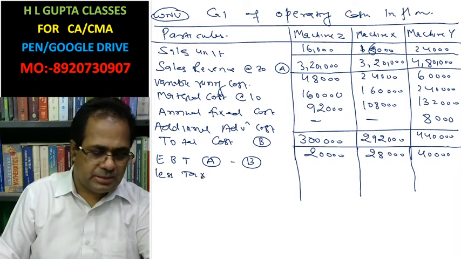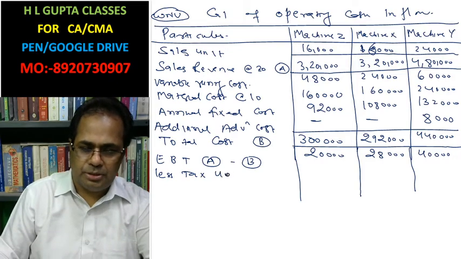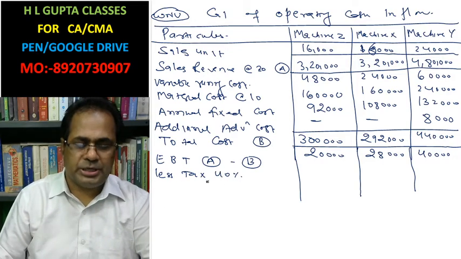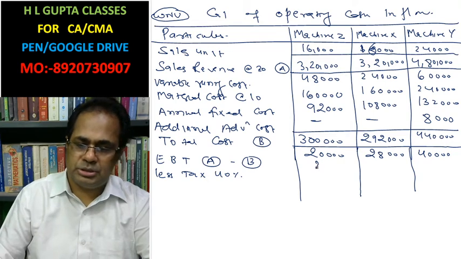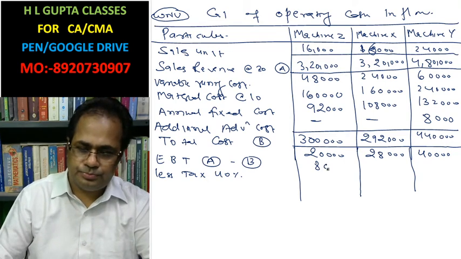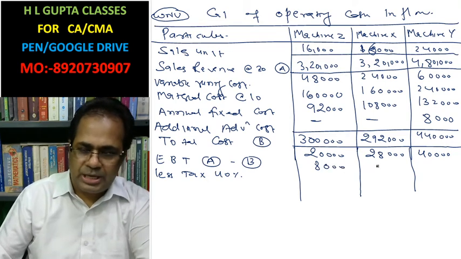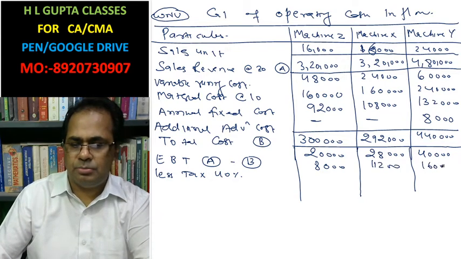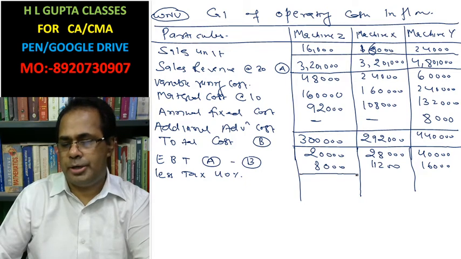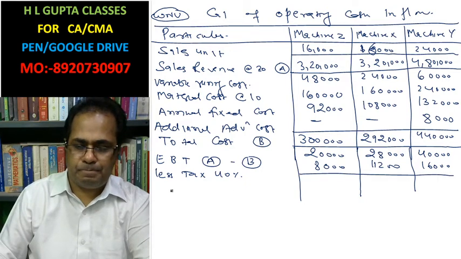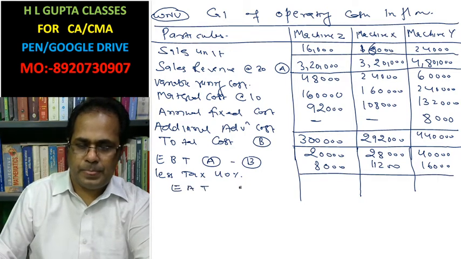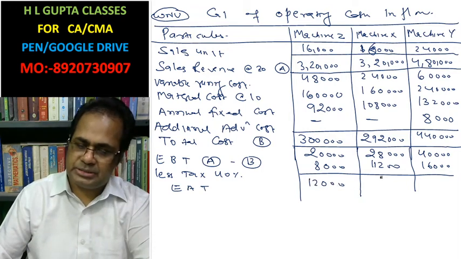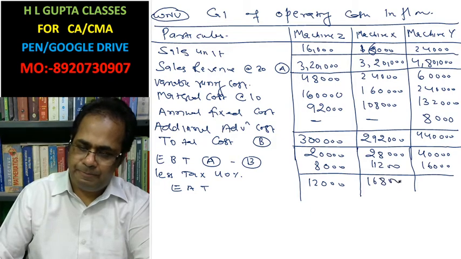Less tax at 40%. Now this is 8,000, this is 11,200, this is 16,000. Okay. Now earning after tax: this is 12,000, this is 16,800, this is 24,000.